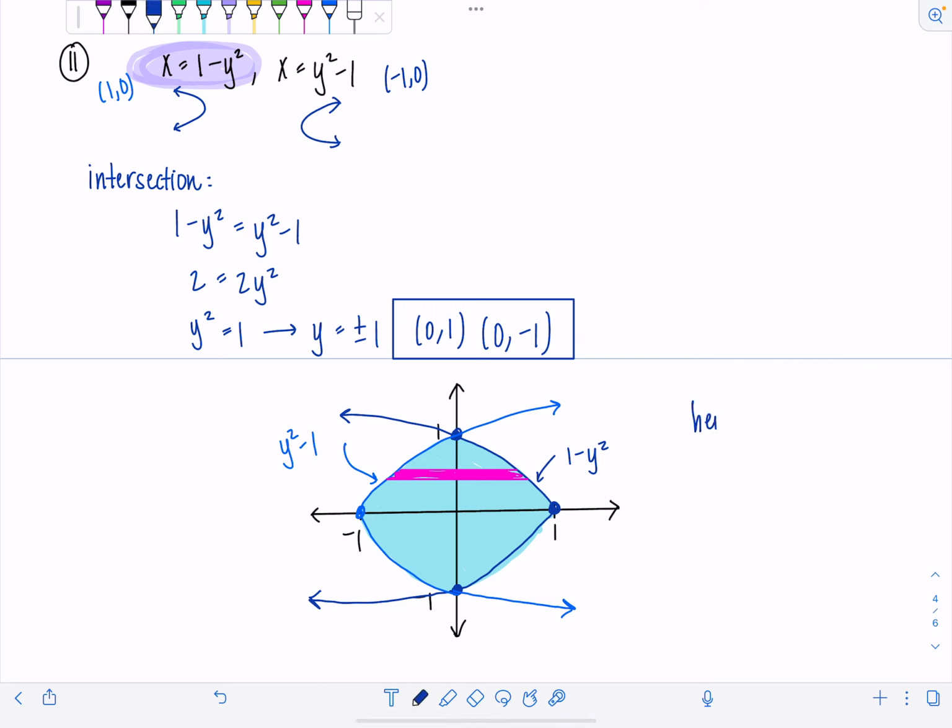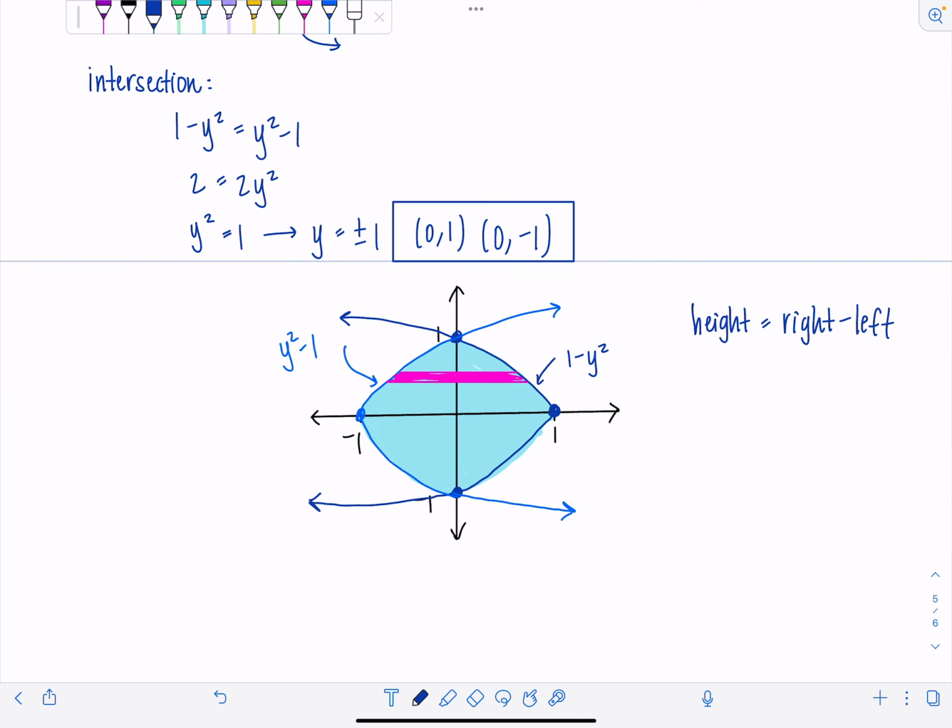So the height, we're going to do right minus left. Always think bigger minus smaller. If you switch it, then your answer is going to come out negative. Right minus left, that's going to be 1 minus y squared minus y squared minus 1. That's the height. And then the width is delta y, which is dy. Good.